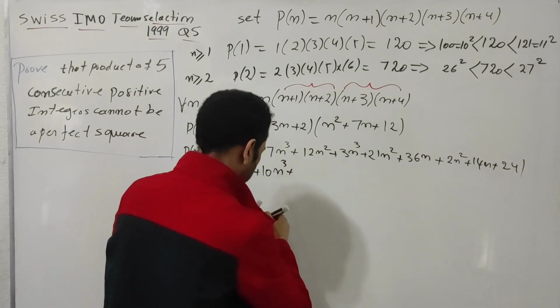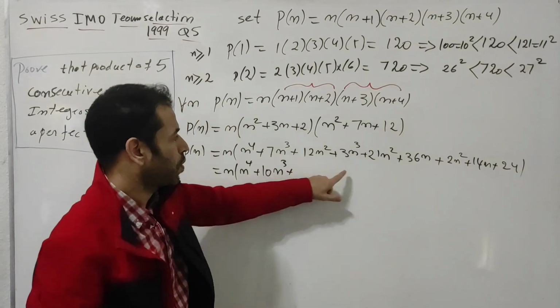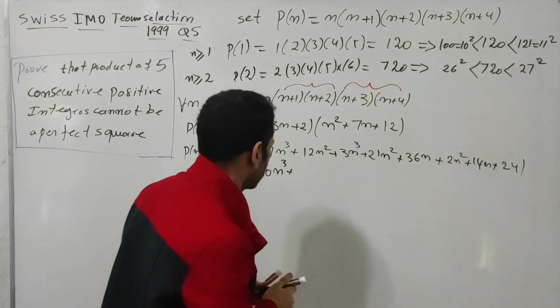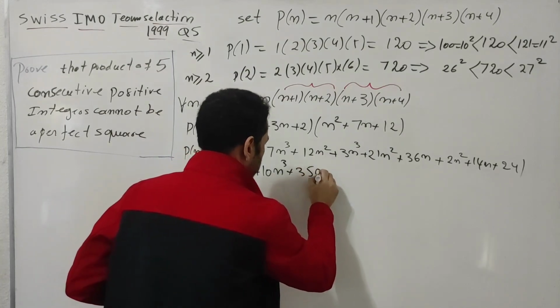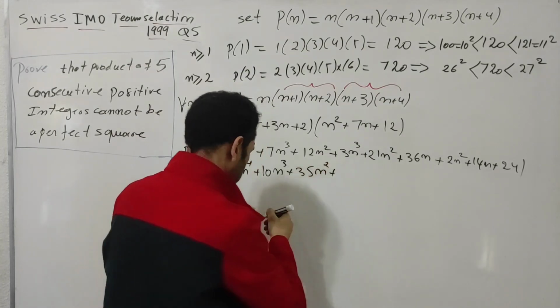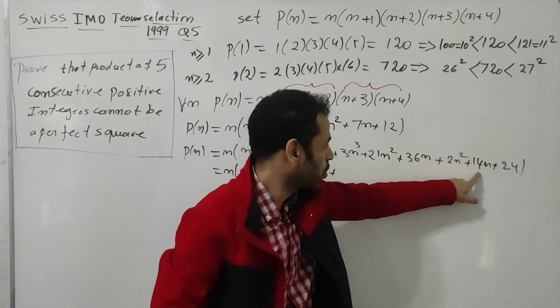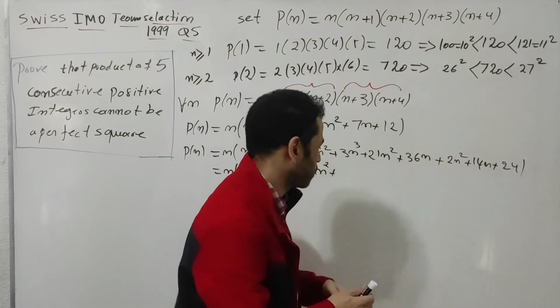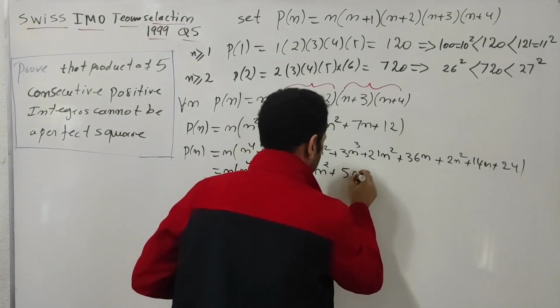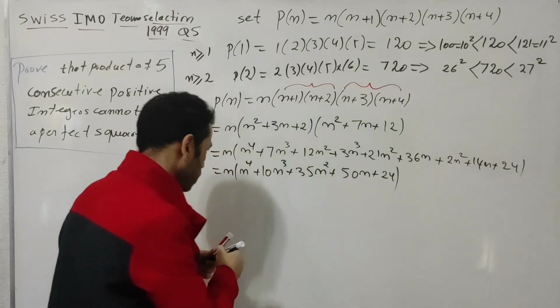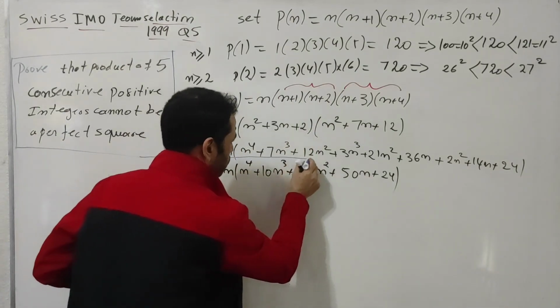For n squared, 12 plus 21 is 33, plus 2 is 35n squared. For the n term, 36 plus 14 is 50, so 50n, plus 24. So this is the general expression.